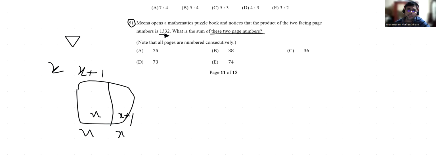So in order to find the sum of these two numbers, first of all, we have to identify these numbers. So our goal is to identify the number x. So we have to find the square root of 1332, which is slightly larger than 36, bigger than 36.